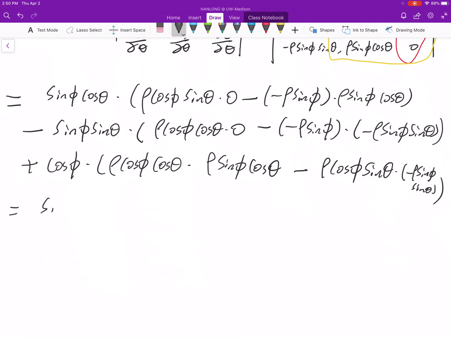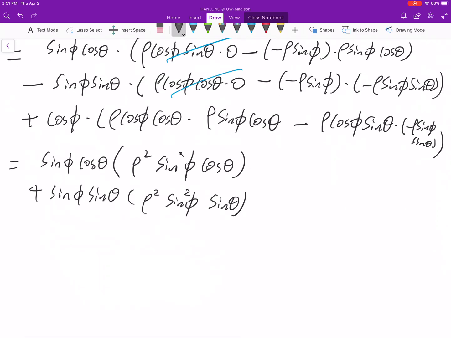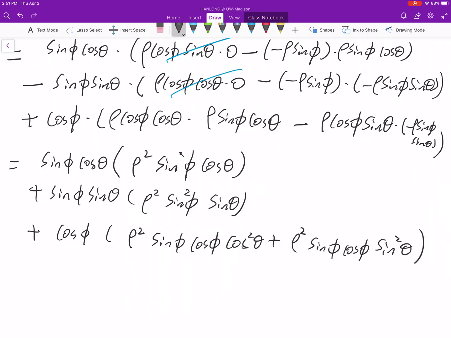Now let's calculate. For the first term the 0 part is gone, leaving rho square sine phi square cosine theta, and then plus sine phi sine theta times rho square sine phi square sine theta, and then plus cosine phi times (rho square sine phi cosine phi cosine theta square plus rho square sine phi cosine phi sine theta square).